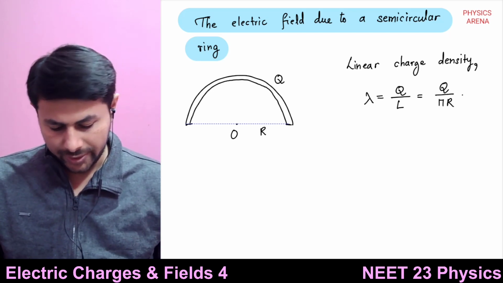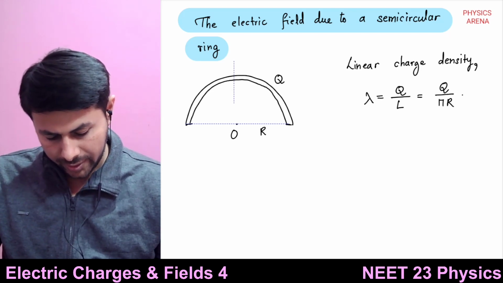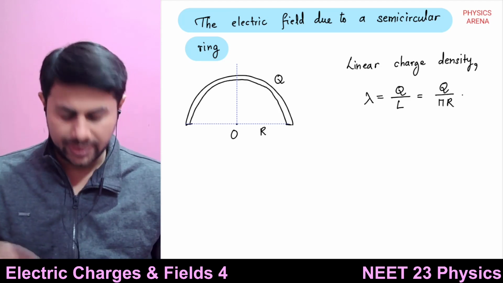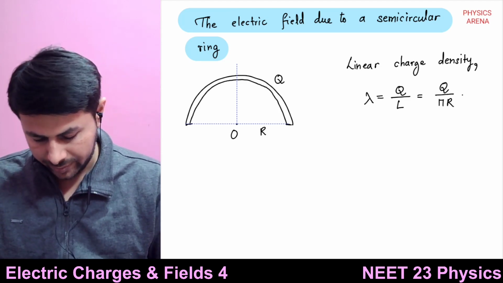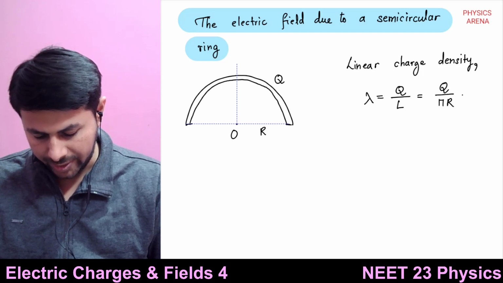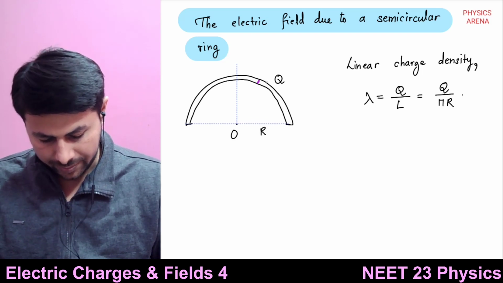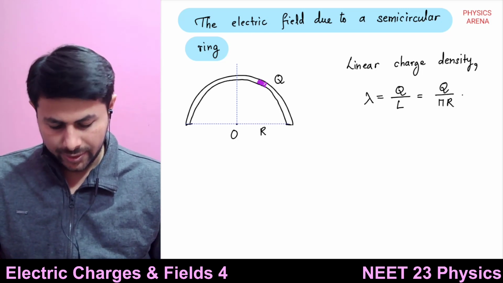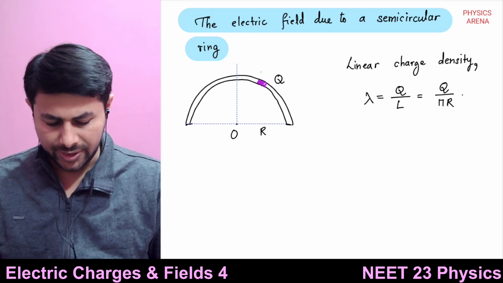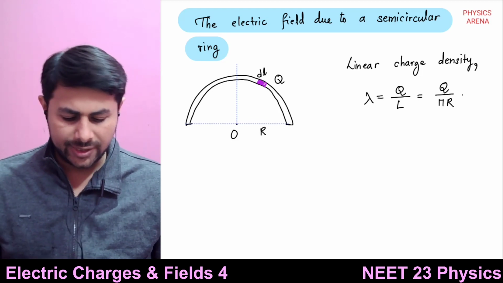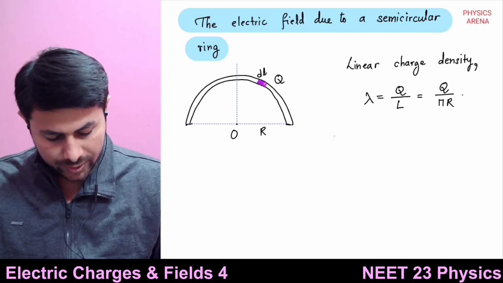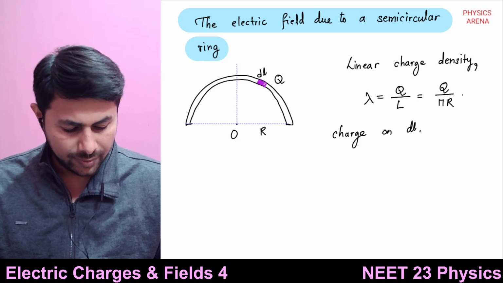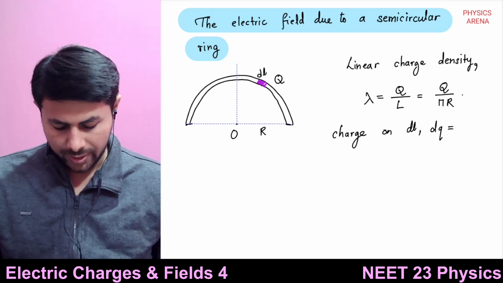Okay, so this is the linear charge density. Now, we'll consider some small length element on this ring, here. The length of this element is suppose dl. How much would be the charge on this length element? Suppose the charge on the element dl is dq.